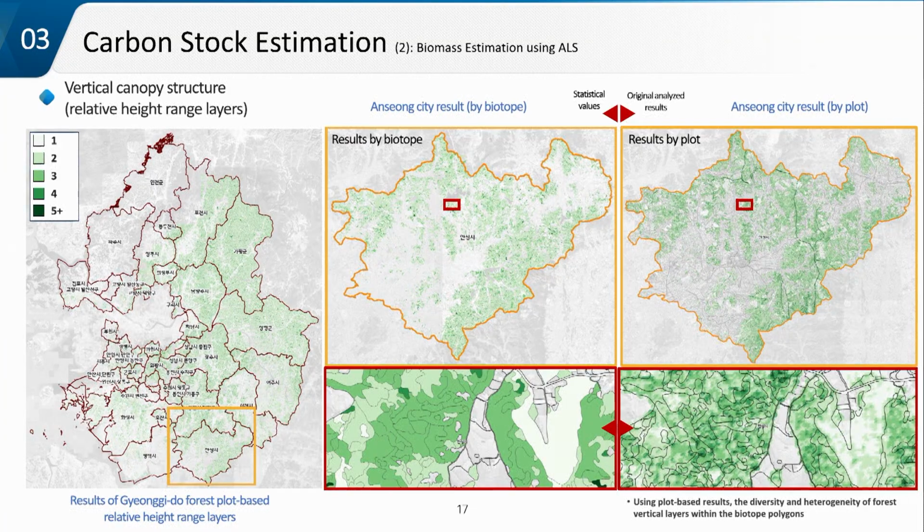One example. You can see below, we had a very detailed vertical canopy structure along the detailed topography and polygons. So we used this kind of information to add the sub-canopy middle-sized trees in calculating the above-ground biomass.